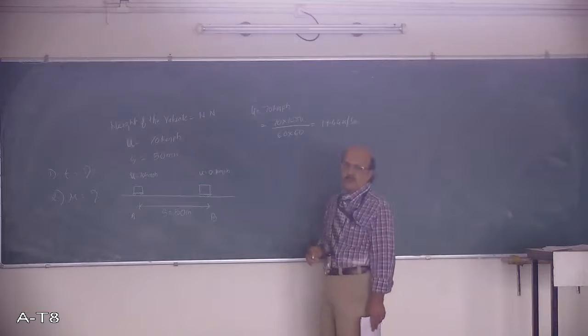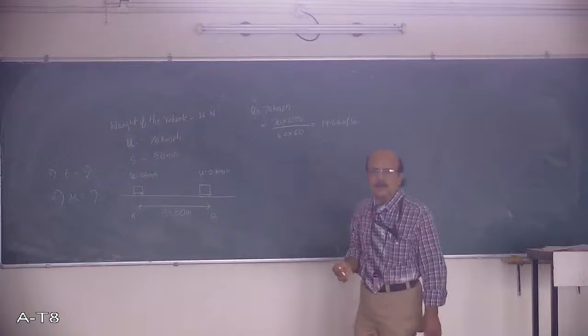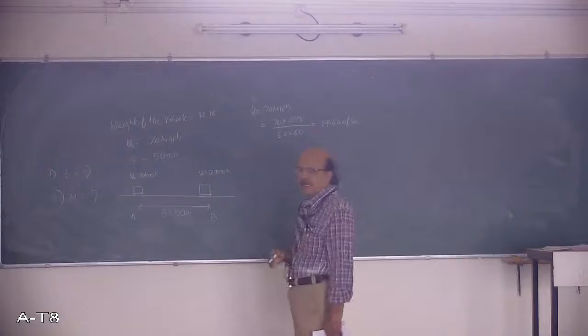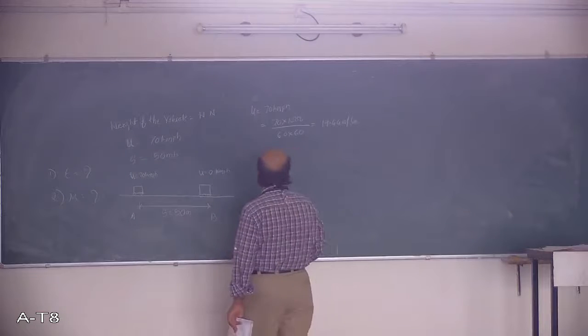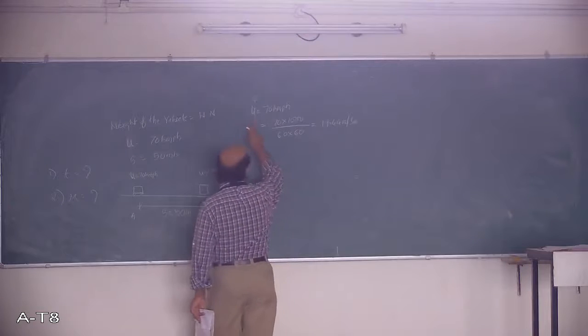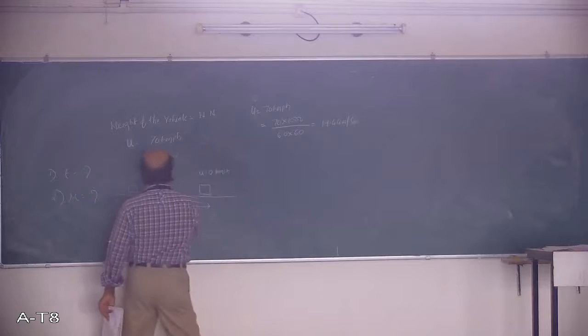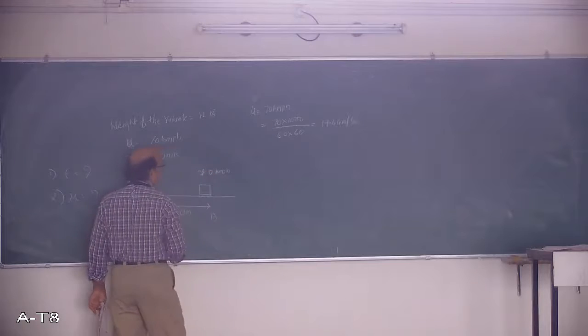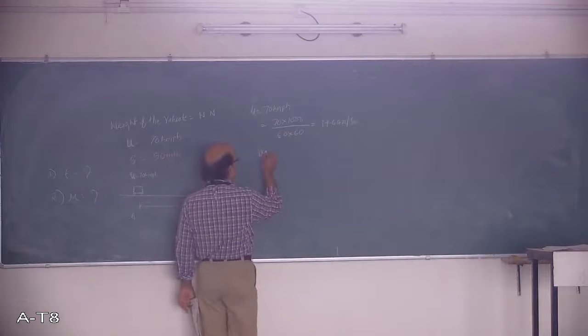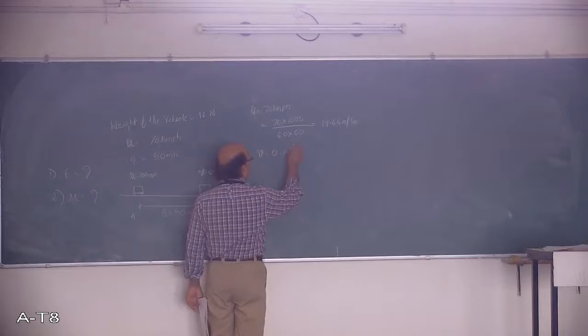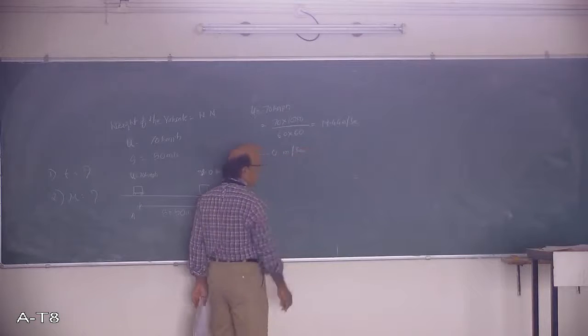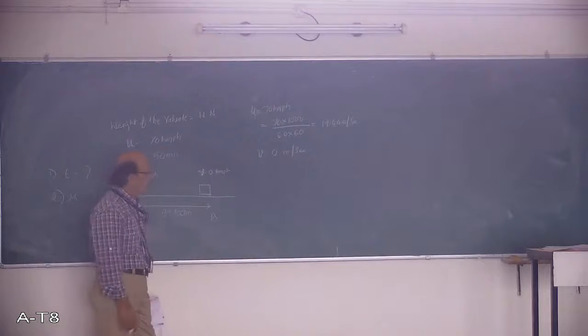The initial velocity of the car works out to 19.44 meters per second. This is the initial velocity and this is the final velocity V, which is equal to 0 meters per second.